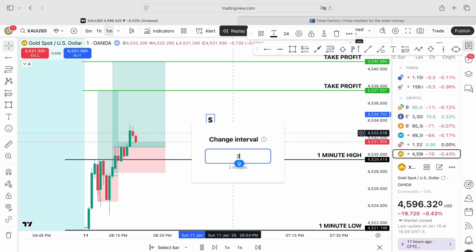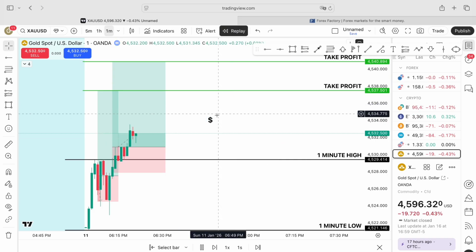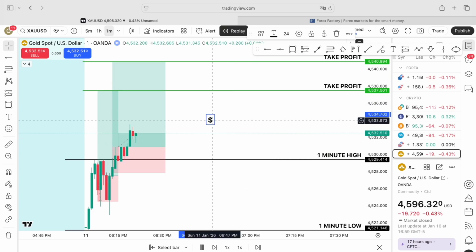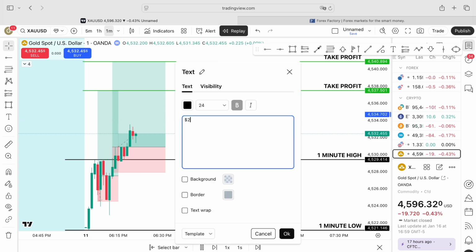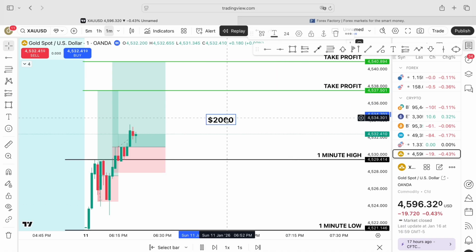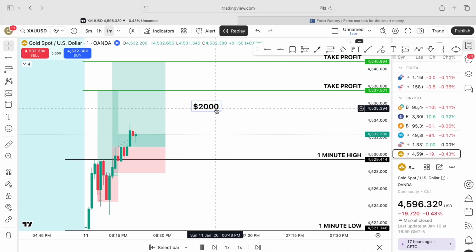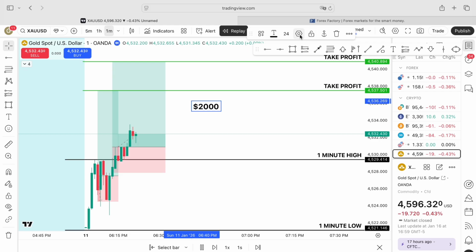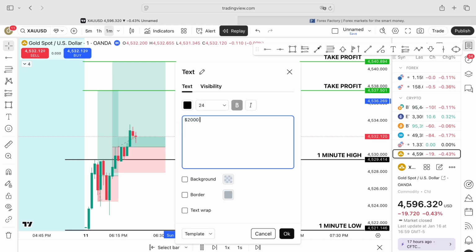You get $2,000. So you get $2,000, right? When you do the trading combine. Let me put that in there. 50K trading combine.